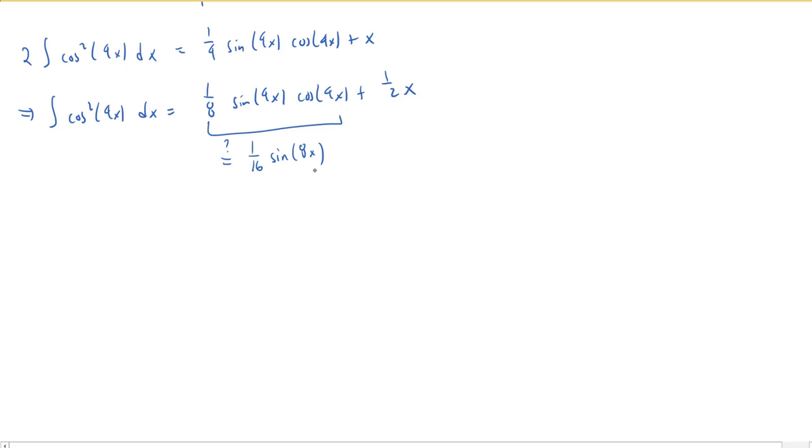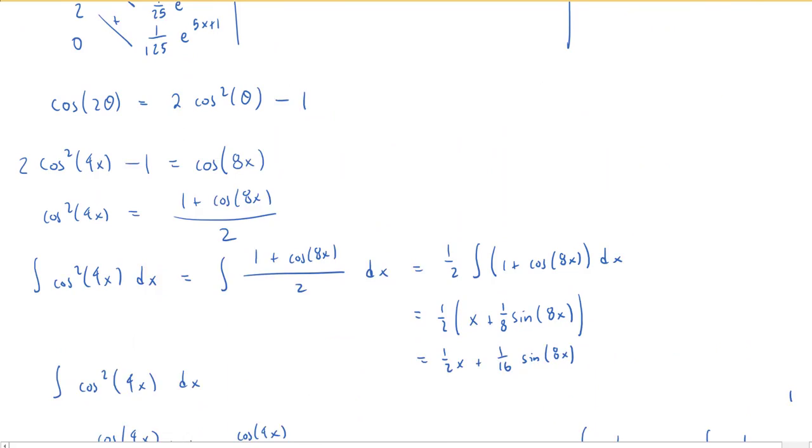And of course the answer is yes, because sine of 2 theta is twice the sine of theta times the cosine of theta. And so if you have the sine of 8x, this would be the same thing as twice the sine of 4x times the cosine of 4x. Okay, so if we pulled a 2 out, this 1/16 would then become the 1/8. Okay, cool. So we didn't get something different.